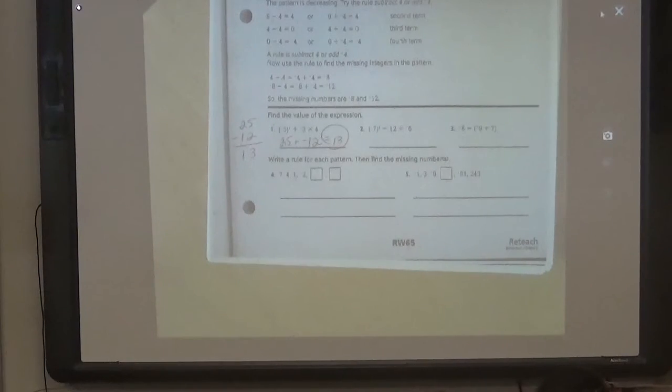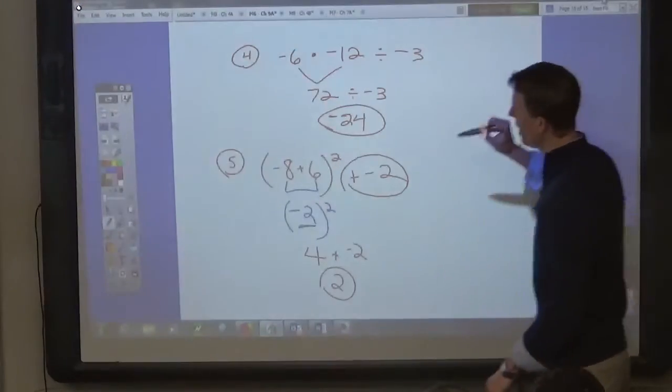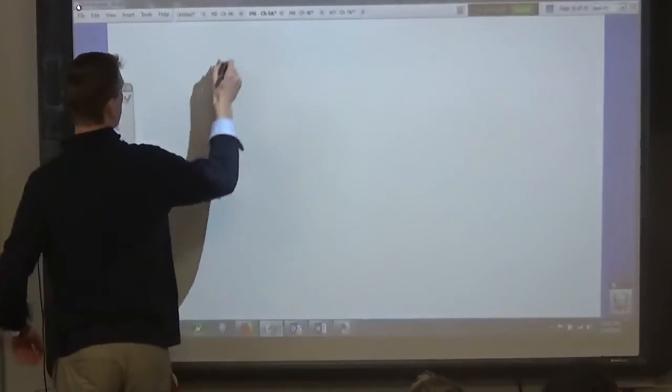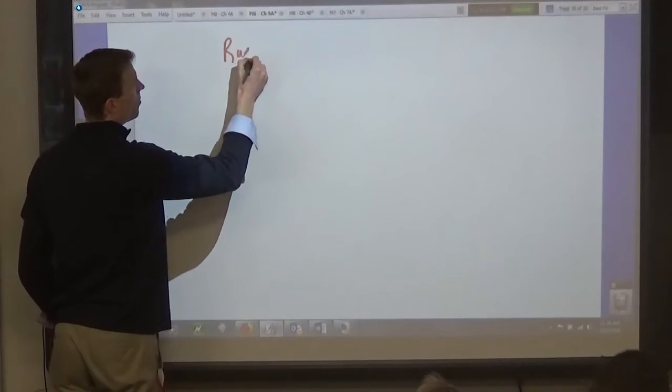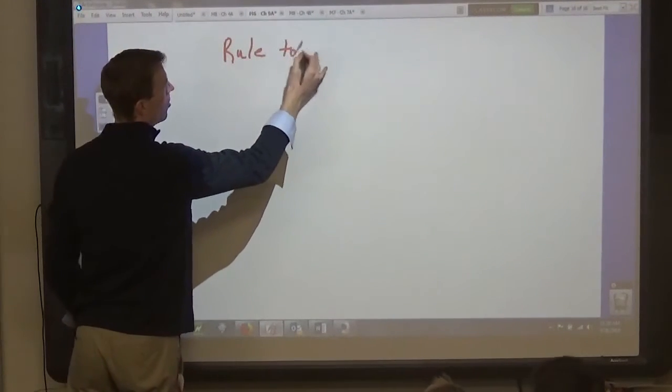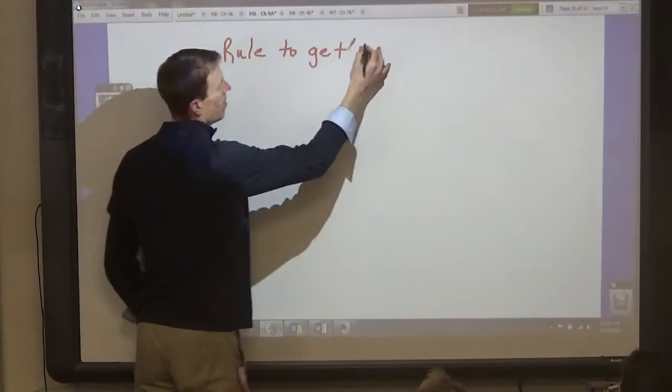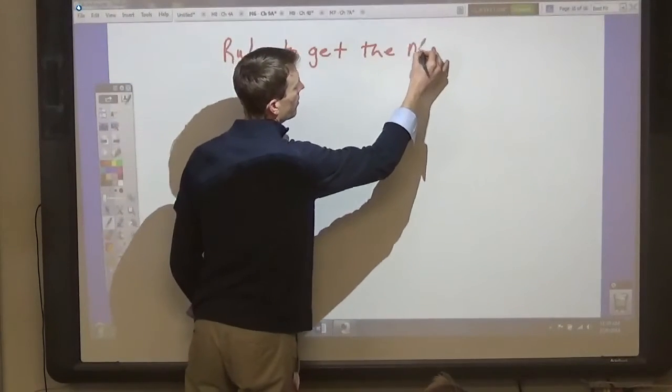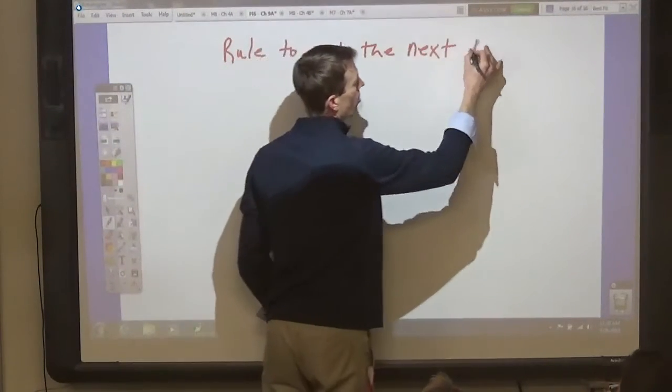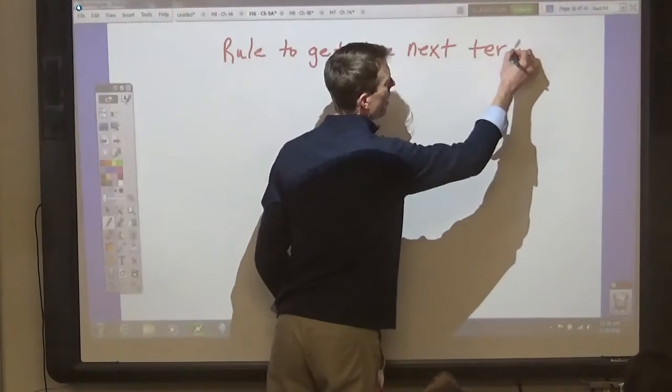Now, in the next part, in the bottom section, it says to write a rule for each pattern. In this case, we're going to be finding a rule to get the next term, it's called, the next number in the order.